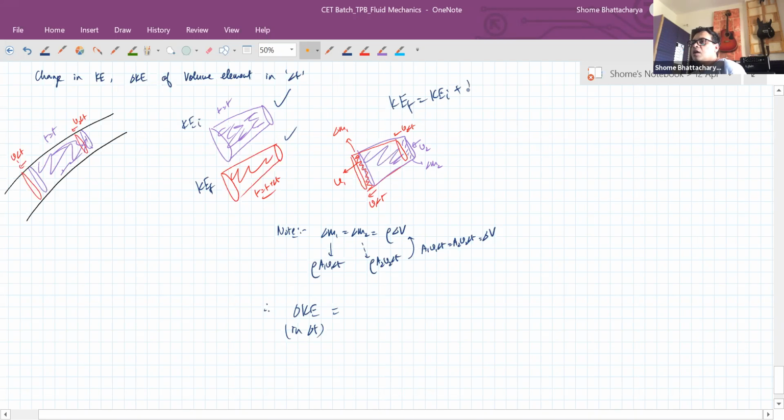So that is half delta m1 v1 square, but minus the kinetic energy of this section, because when you superimpose this, it's like this mass delta m1 has got added and this mass delta m2 has got subtracted. Of course we know delta m1 and delta m2 are the same, but their kinetic energies are different because v1 and v2 are not the same.